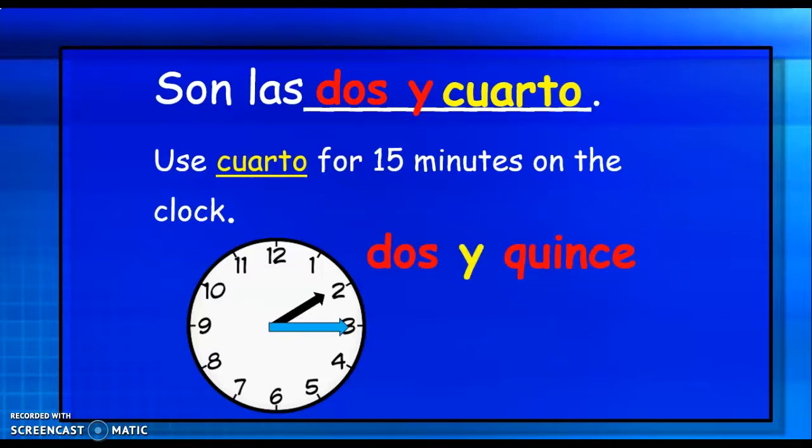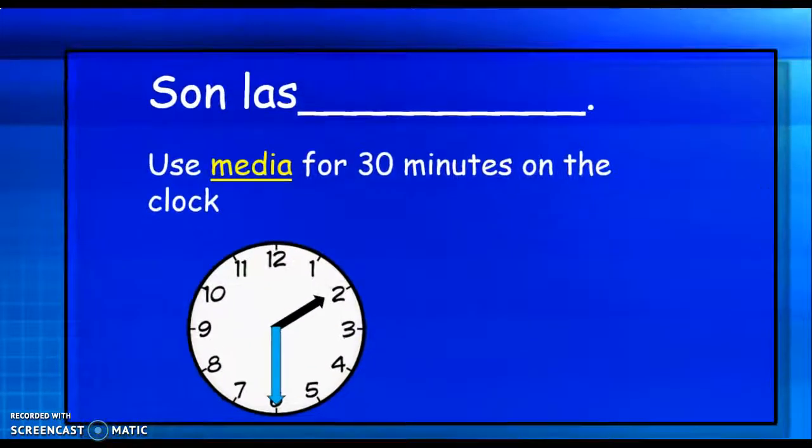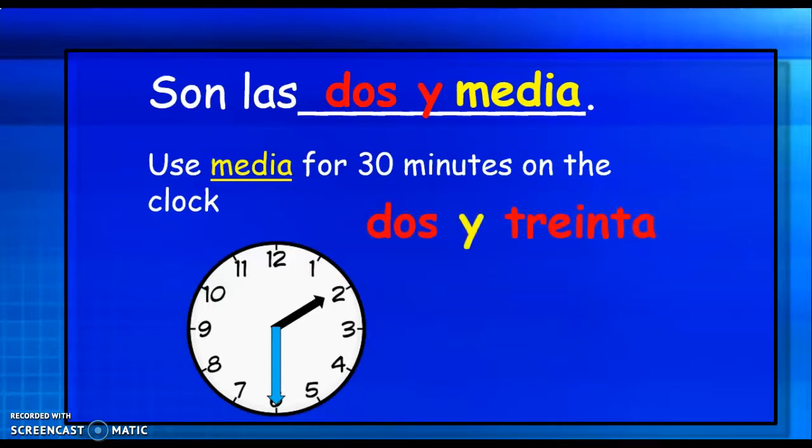You could also say son las dos y quince, because quince is the word for 15. For 30 minutes after the hour, you can say media, media. So you could say son las dos y media. Of course, you could also say son las dos y treinta, because media is 30 minutes after the hour.